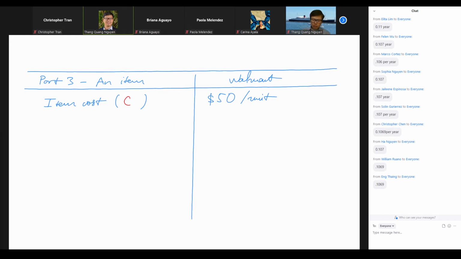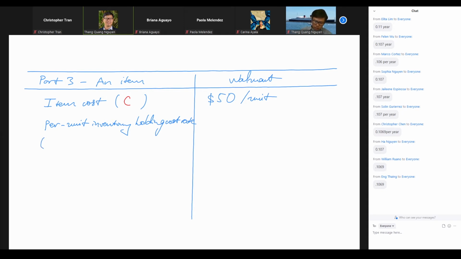Before we can do it, we need to calculate the so-called per unit inventory holding cost rate. It's a little bit longer name, and again, the acronym is also long too.